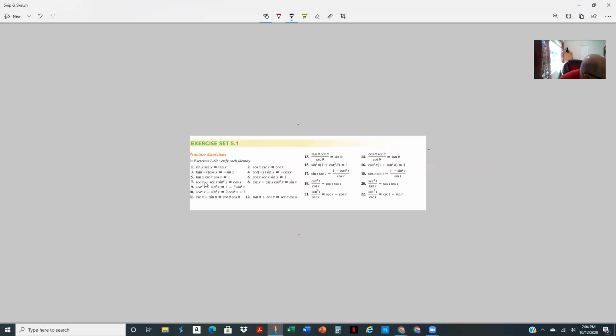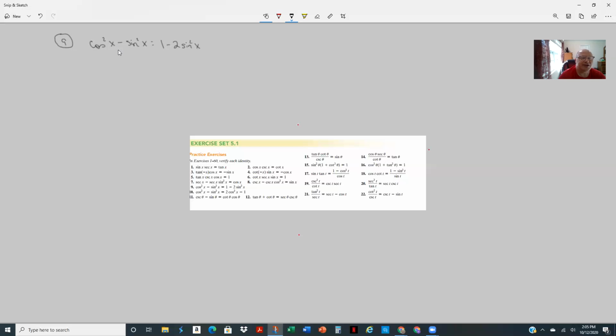Okay. So we look at number 9, and I'm going to put it up here. All righty. Number 9, and we were going to prove that cosine squared of x minus sine squared of x is equal to 1 minus 2 times the sine squared of x.